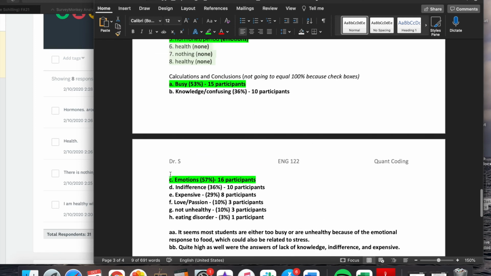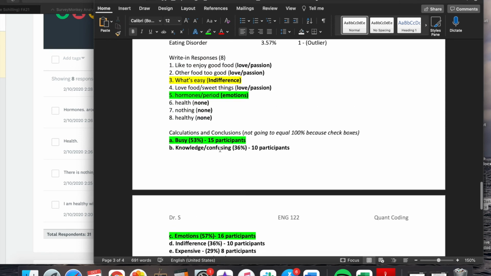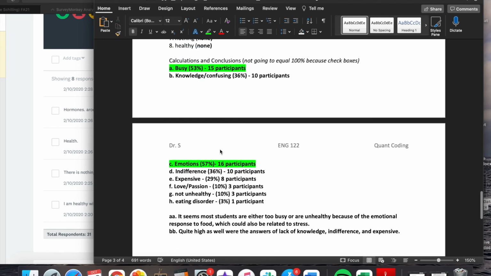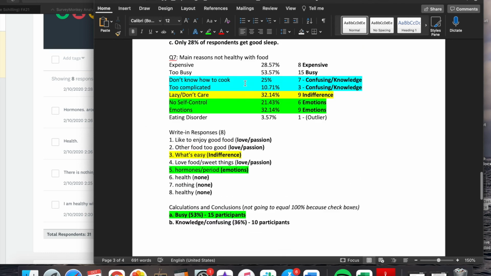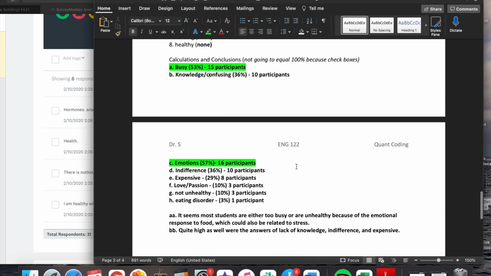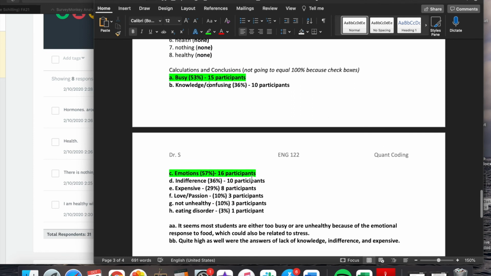So then I kind of try to summarize that. I add in my write-ins to my initial categories. So I find that busy was 53, confusing knowledge was 36, because remember I added it up here. Indifference 36, so you can kind of see the breakdown of it.